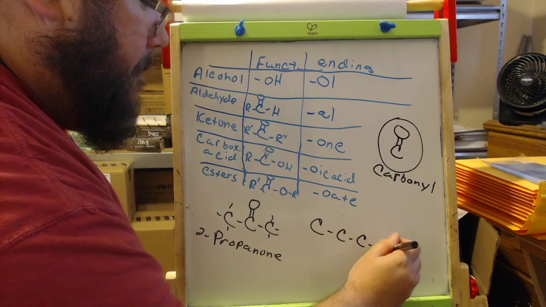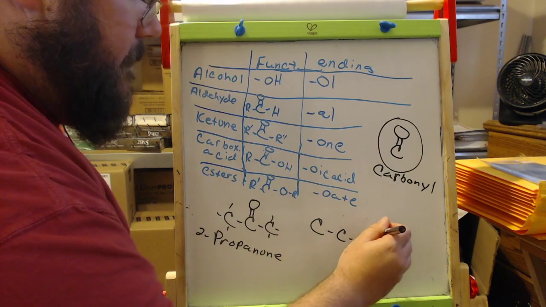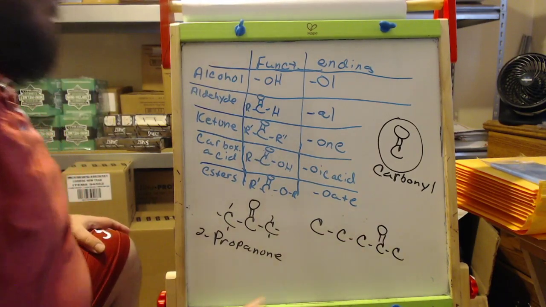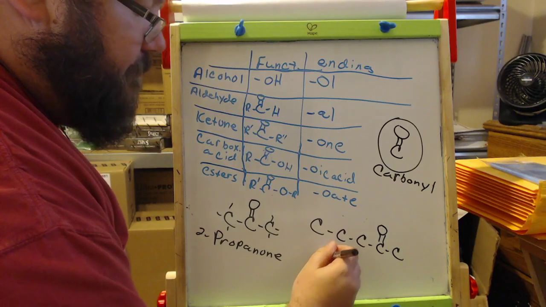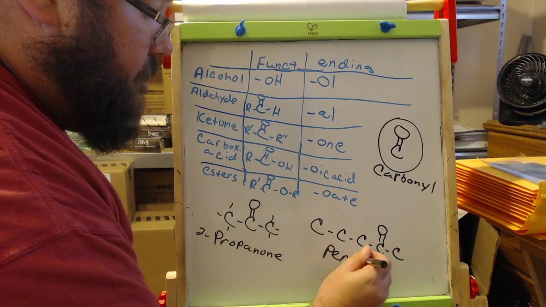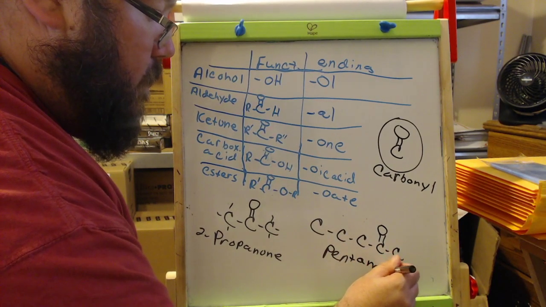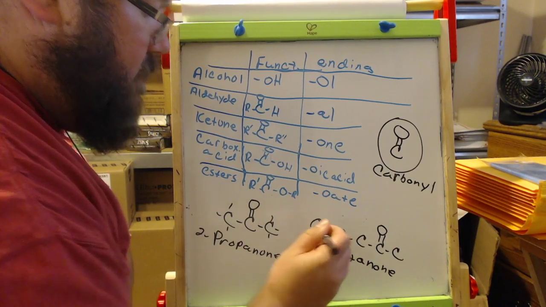Continue on. Put it there. We got pentanone. Now we need a number. 2-pentanone.